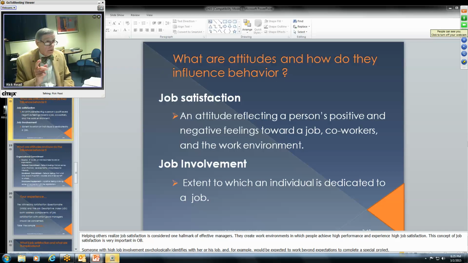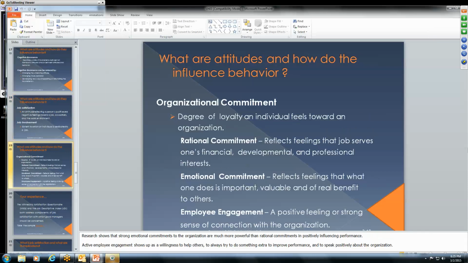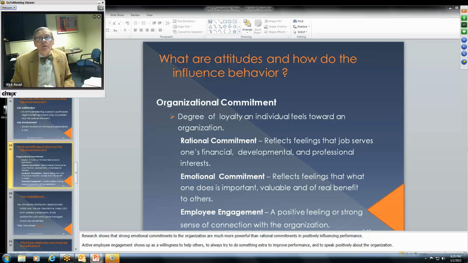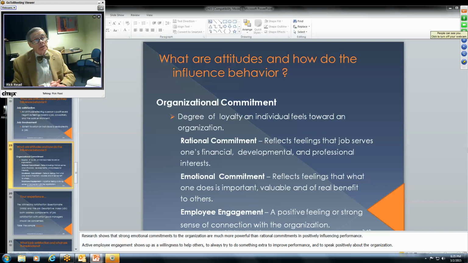Now, here we're talking about commitment, and we have different types of commitment. We have organizational commitment, and if you stop and think about that, that's loyalty. How much am I committed to the organization and to doing a good job because I understand what I'm supposed to do and how it fits in.